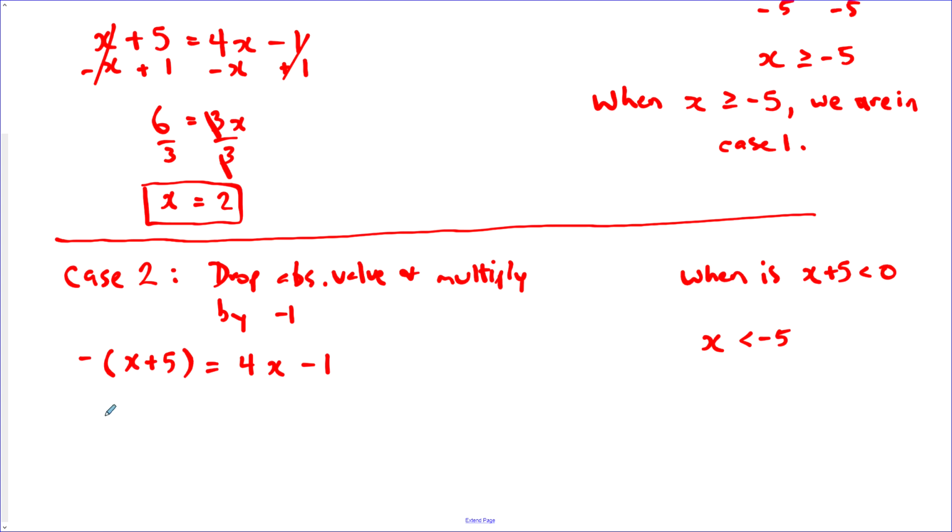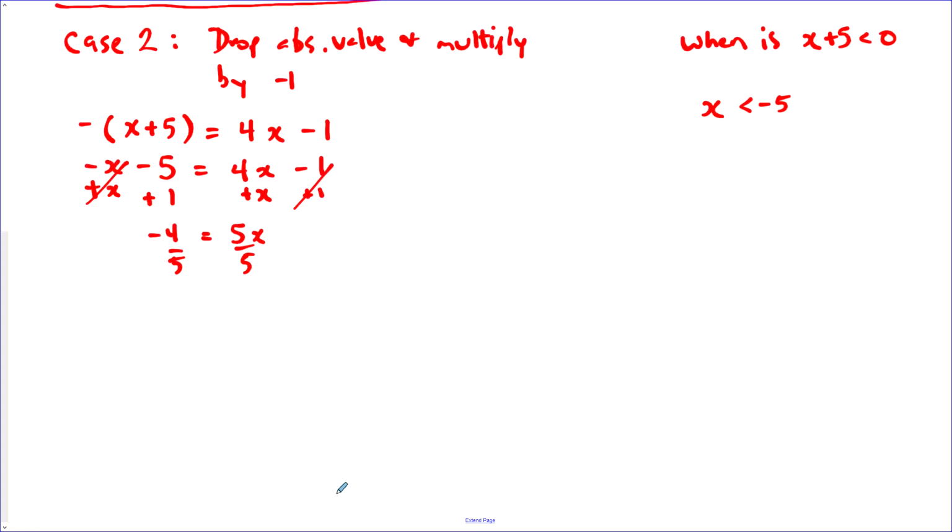So we'll multiply in the negative sign here, and then add x on both sides, and add 1 on both sides. We get negative 4 equals 5x, and then divide by 5 on both sides, and we get x is equal to negative 4/5.